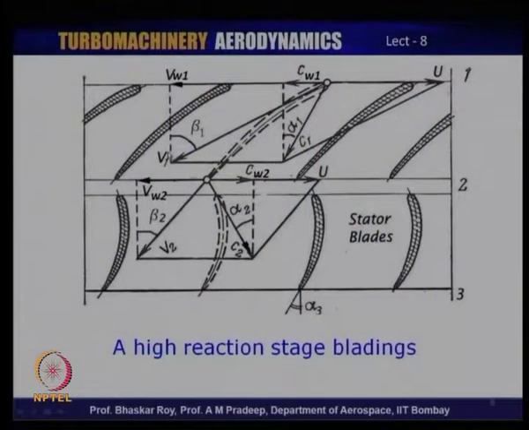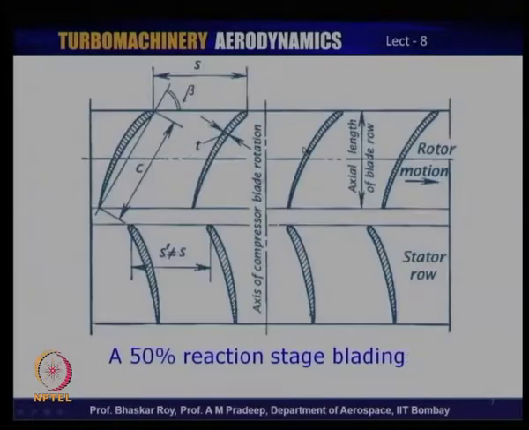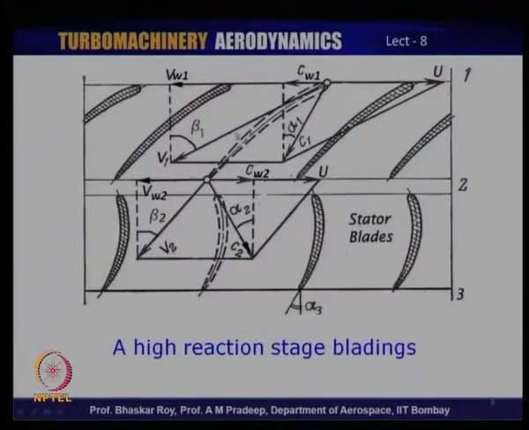Now, 100% reaction blades of course give completely different blade orientation and blade stagger. That is what is shown in this diagram, for example, that the blades in the rotor are now highly staggered at a very high angle beta compared to, let us say, the 50% one, where the angle was moderate, and this high angle comes out of the high reaction necessary. That means, the flow in the rotor would have to go through a high amount of diffusion, and the flow in the stator, as we can see here, essentially is doing a turning job.